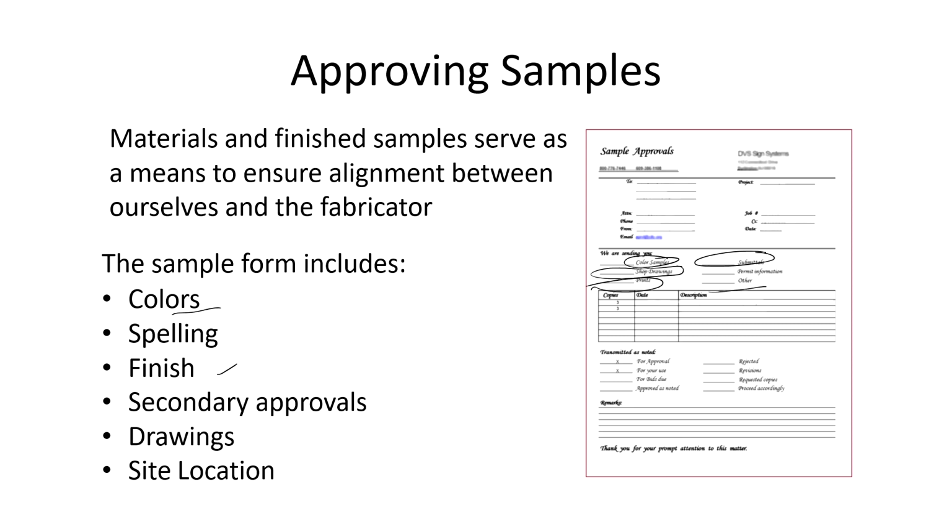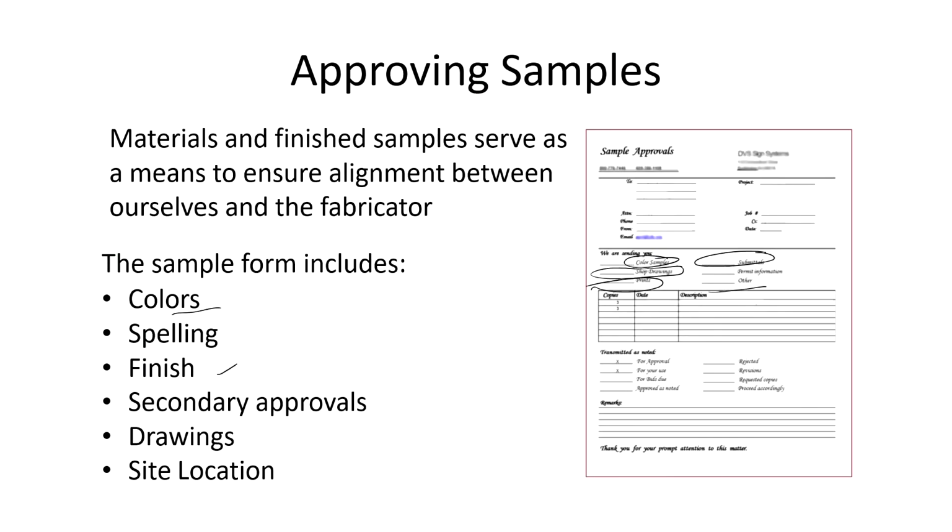It also includes the site location drawings, the detailed drawings of the signages. So, this form serves as a comprehensive checklist to assure accuracy and the completeness of the signage fabrication process.